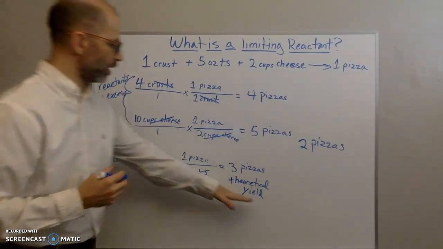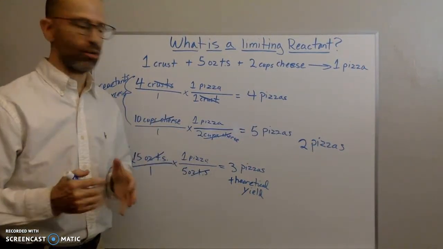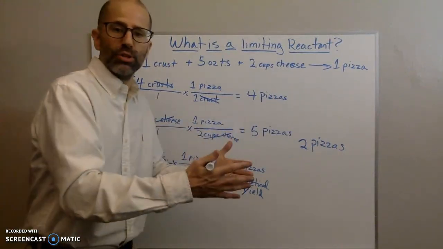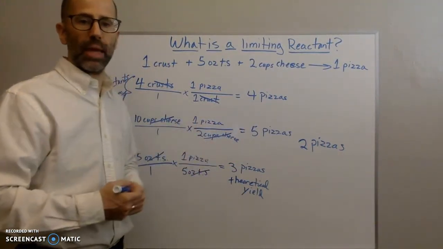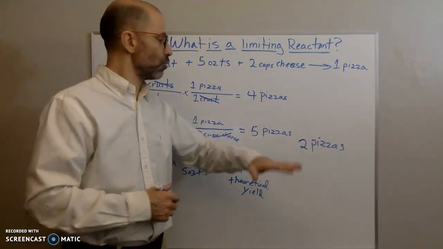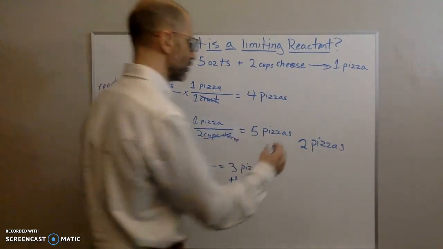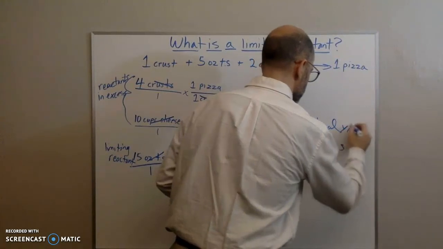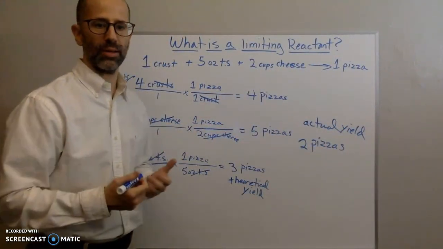Okay, so my theoretical yield is what I should get mathematically if everything goes right. And then you go into the kitchen or the lab and you actually do the making, the reaction, the cooking, and you make a mistake. You burn one of the pizzas and you only get 2 pizzas. That's the actual yield. What you actually got when you went into the kitchen or the lab.